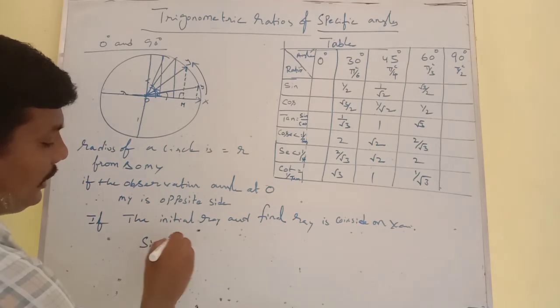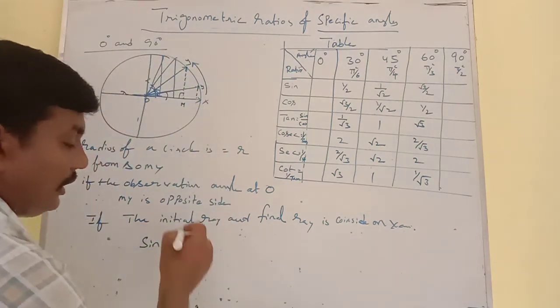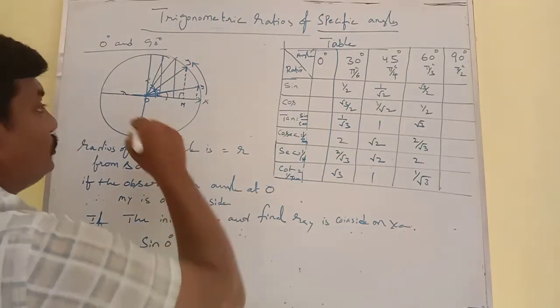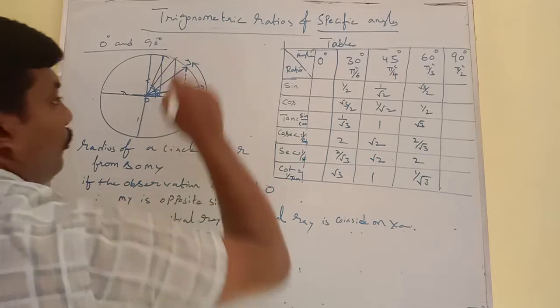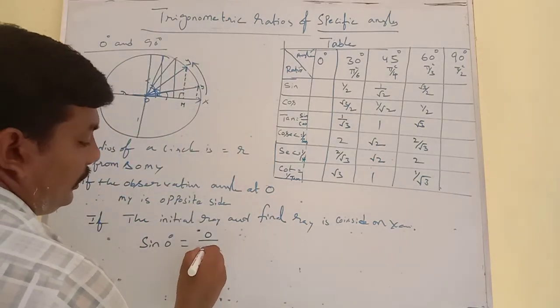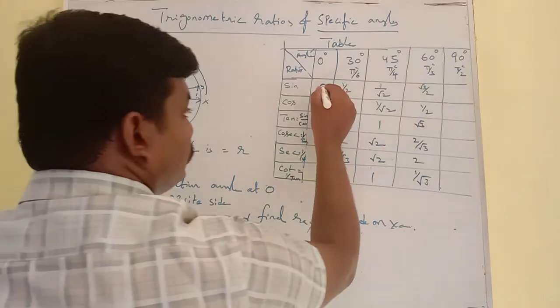Sine 0 degrees is considered as the opposite side over the hypotenuse. The length of the perpendicular is always 0, and the hypotenuse OY is always the radius r. 0 by r is 0. Sine 0 will be 0.